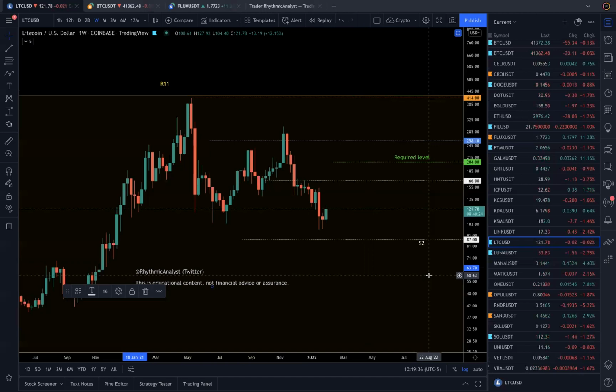He demeaned Litecoin by saying it's silver and Bitcoin is gold. Who cares about silver if you have gold in front of you? It's not even the right analogy, in my point of view. Ultimately, the use case is payment or store of value. These are the two use cases.